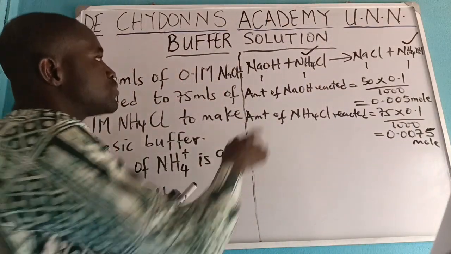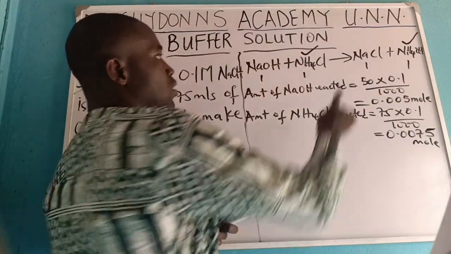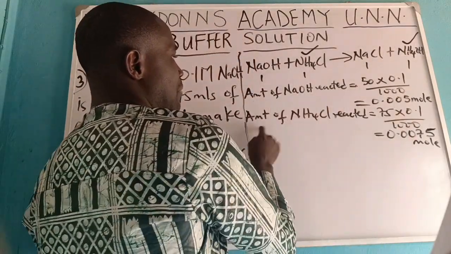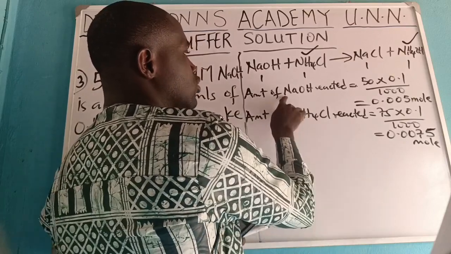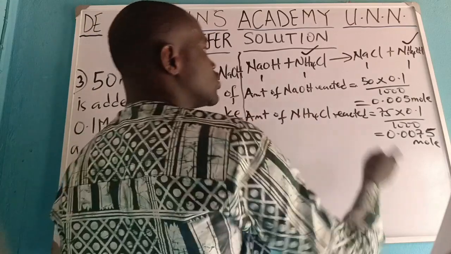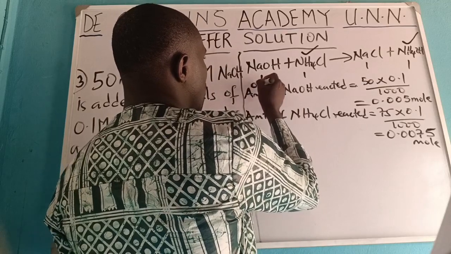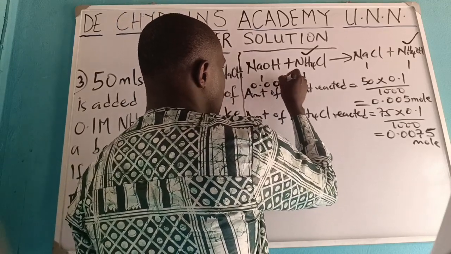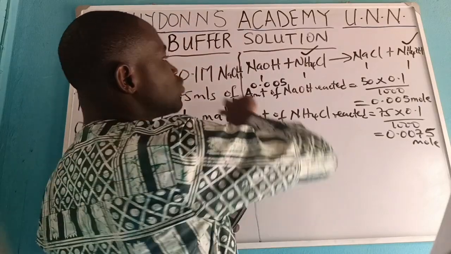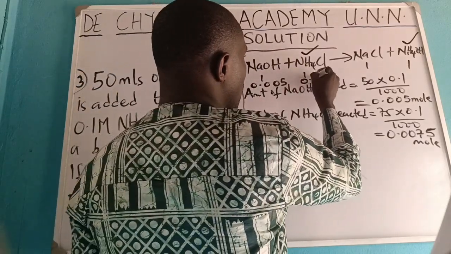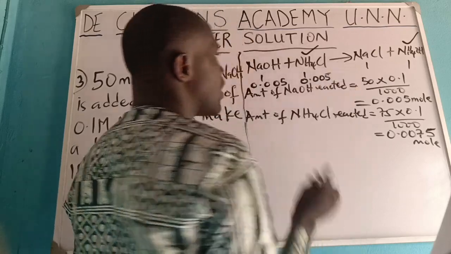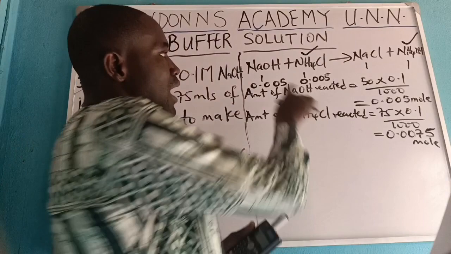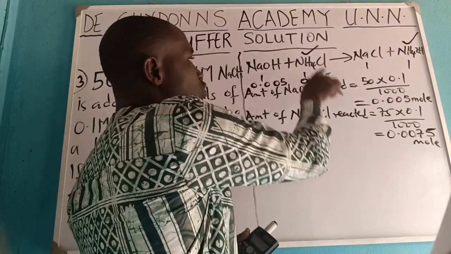Now, this goes by 1:1. Between these two moles, one is higher. The amount of ammonium chloride is higher than the amount of sodium hydroxide. And so, if this becomes 0.005, going by 1:1, it means it will react with 0.005.